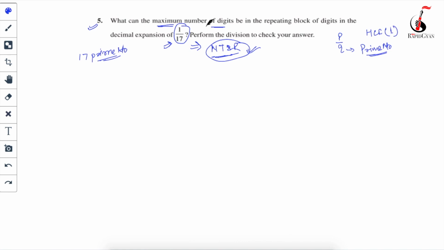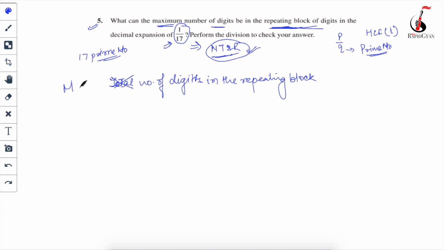If you see, what is the maximum number of digits in the repeating block of digits? Your divisor is 17, so the maximum number of digits in the repeating block will always be less than 17.